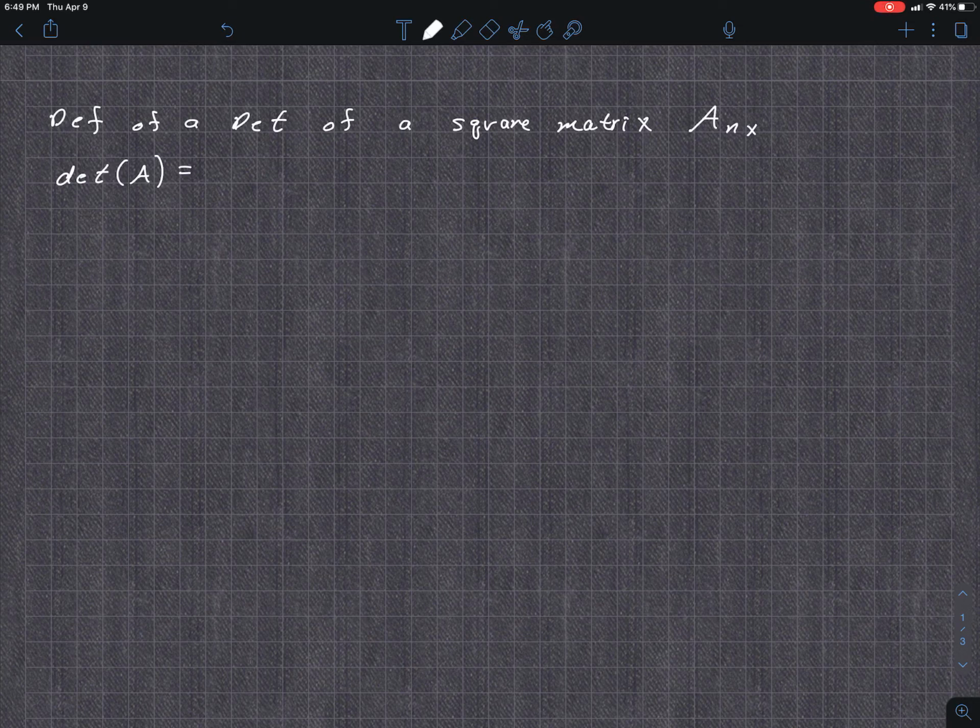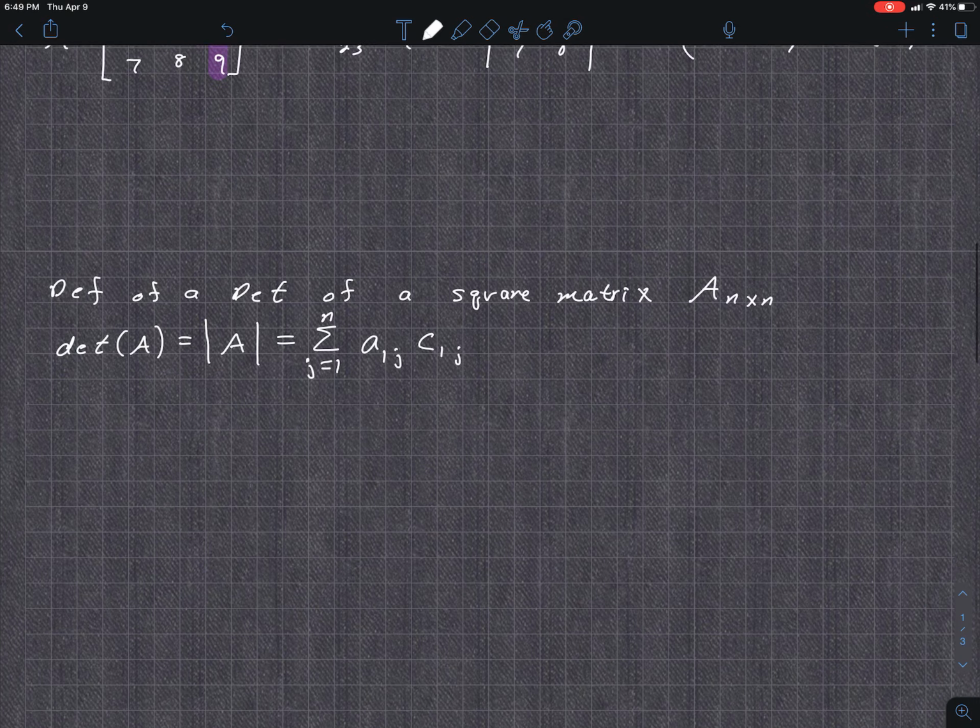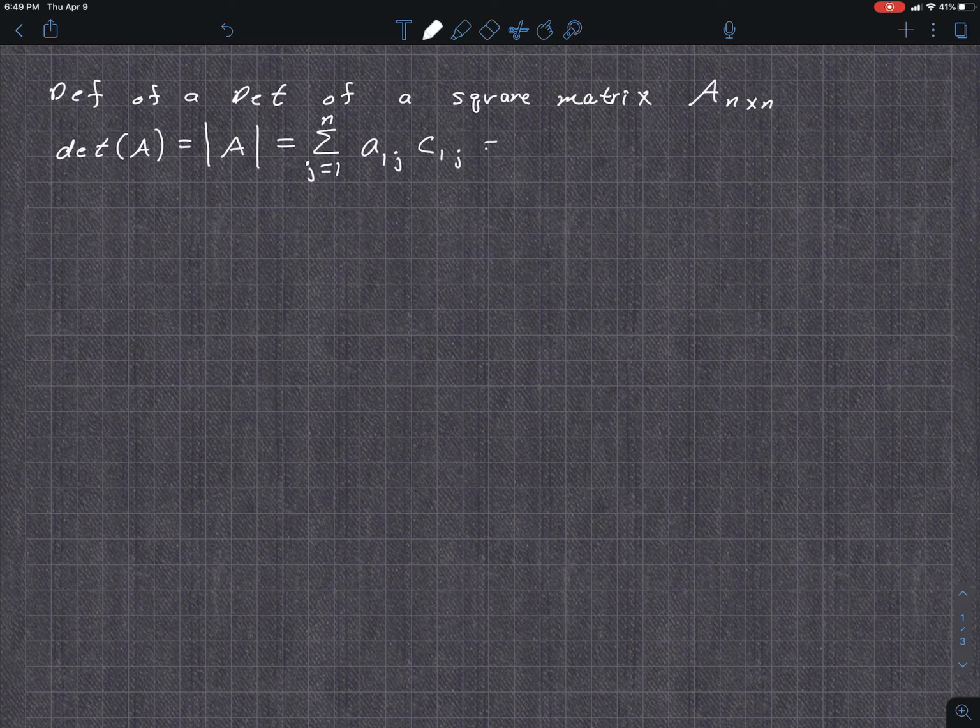We say determinant of A, and we'll make that n by n, or we can write determinant of A like that, is equal to the sum as j goes from 1 to n of a1j times C1j.